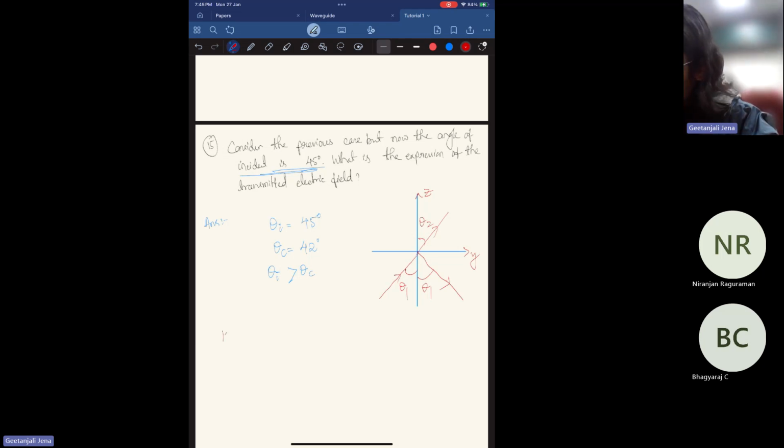So k_T will be similar to the previous case. This is k_T here. k_T is k0 cos theta 2 K cap plus k0 sin theta 2 J cap.